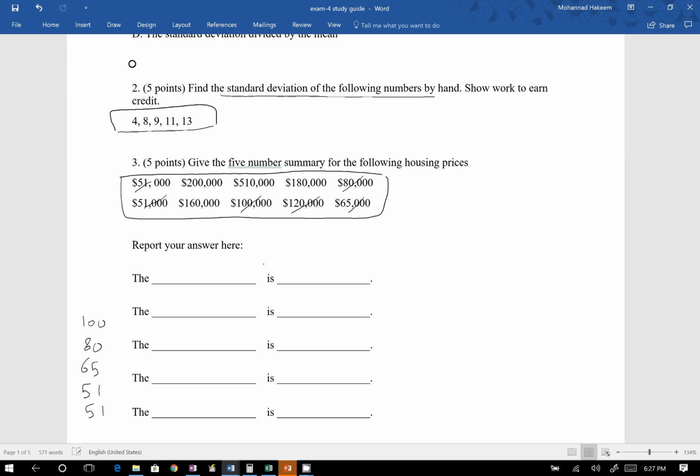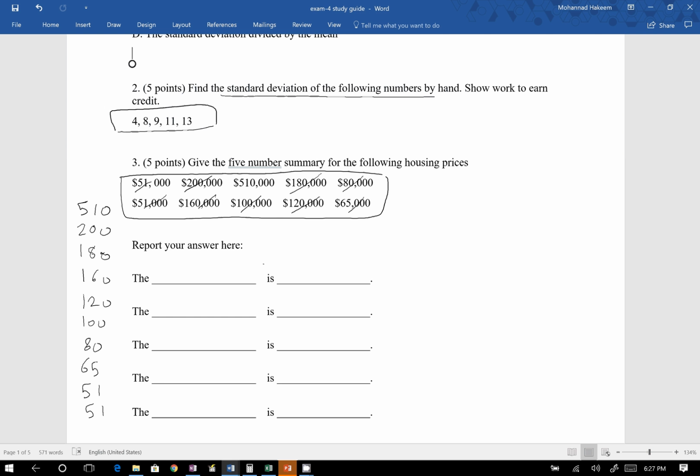I have 120. Then I have 160, 180. Whoa, 180. I have 200, and I have what I call an outlier, which is a way up there.